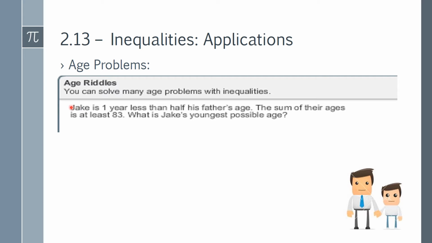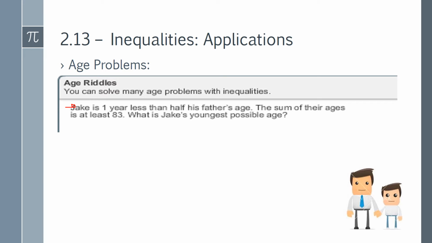Notice this first sentence is actually an equation because of the word is. Whenever we have an is, that is an equal sign. So I'm going to put J for Jake and F for his father.